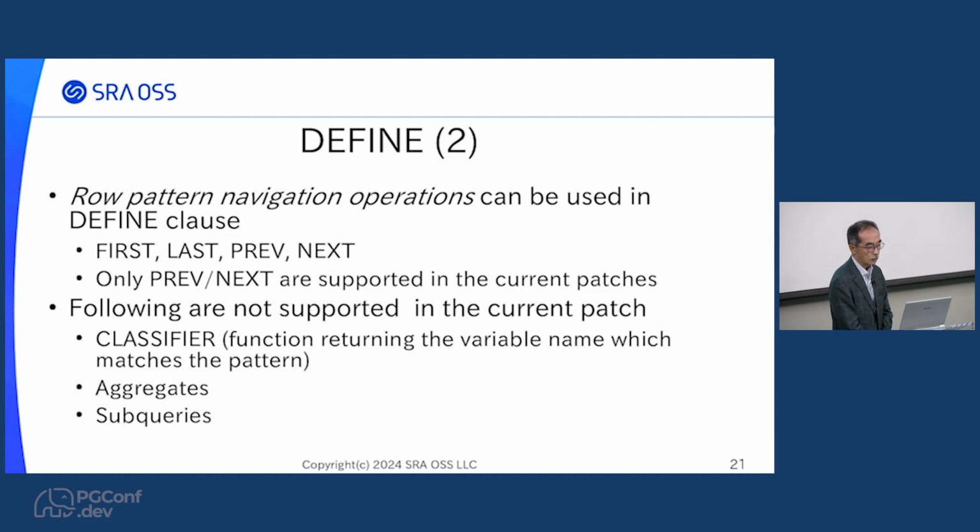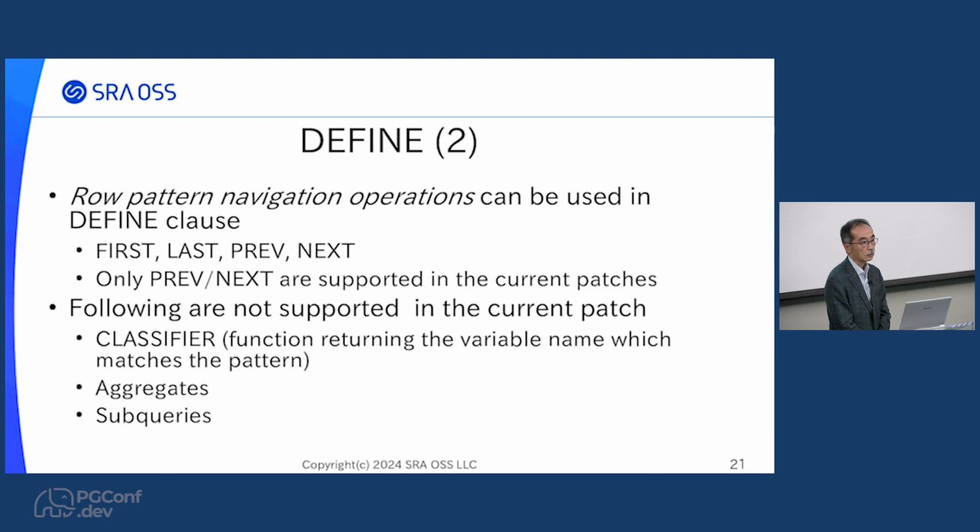We also have special functions called row pattern navigation operations, only in the define clause. We have already seen a previous function, which means previous rows.